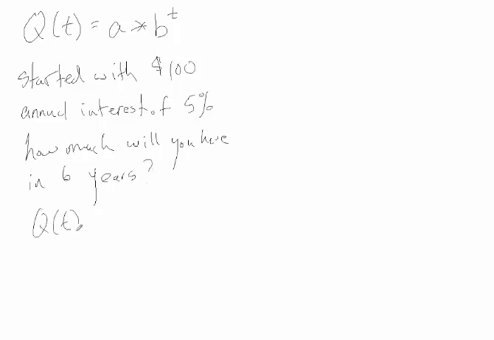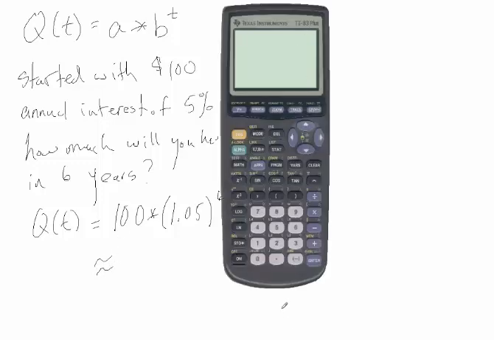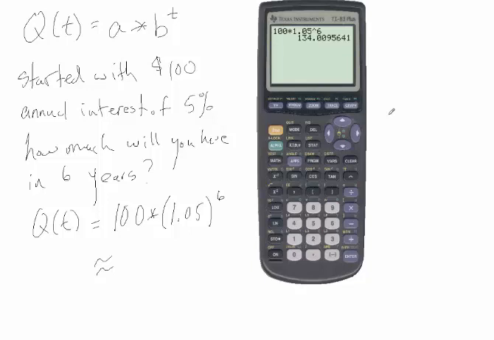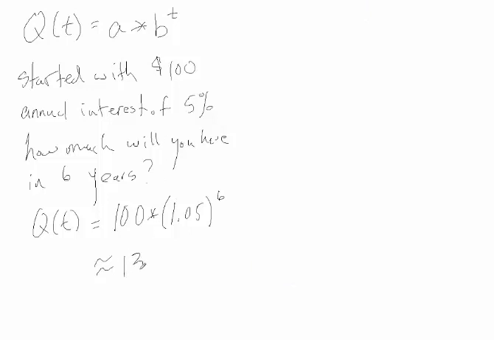Well, that's pretty straightforward. A is your starting point, your growth factor is 1 plus the growth rate, and t is 6. You'll have 100 times 1.05 to the 6th. You'll have $134.01. Okay, that's fine.